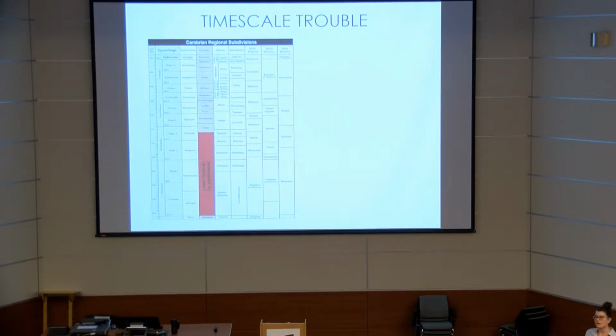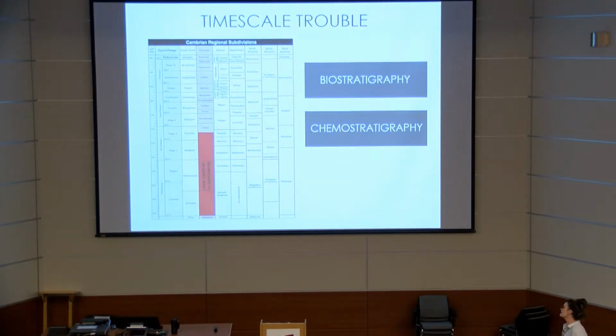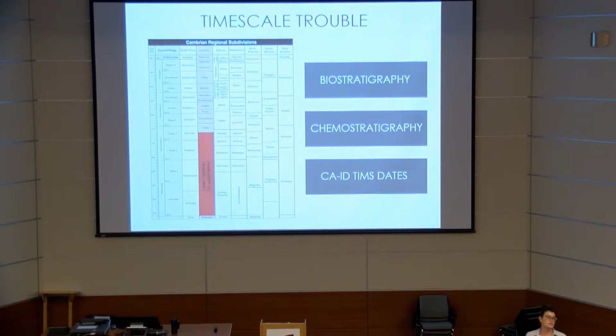And it's really isolated our successions from a global chronostratigraphic synthesis. It's been very difficult for us to work out how our successions fit in terms of a global understanding of chronostratigraphy in the Cambrian.